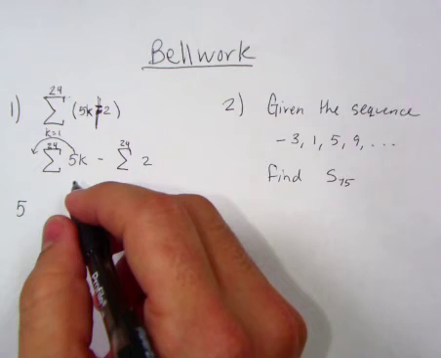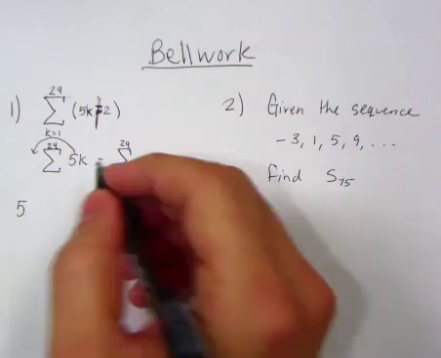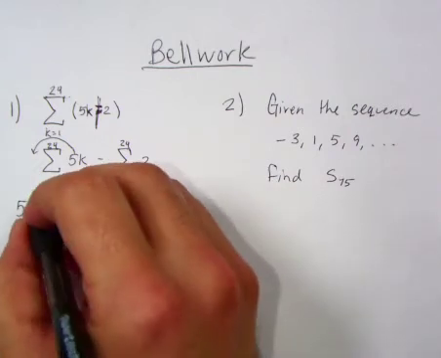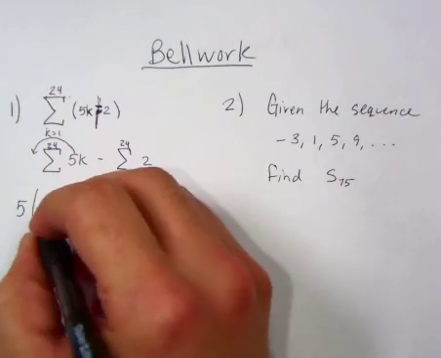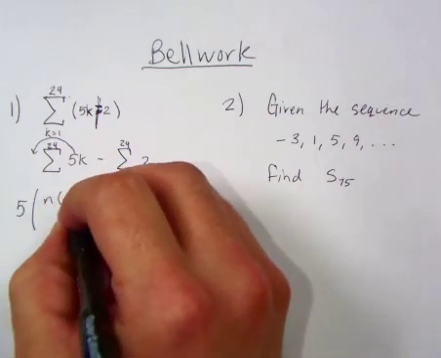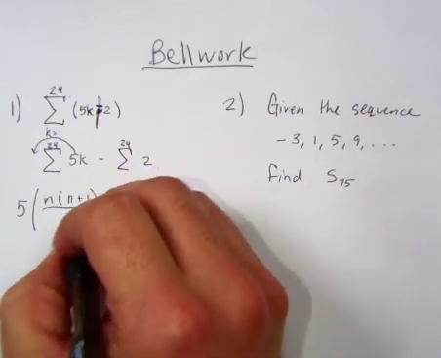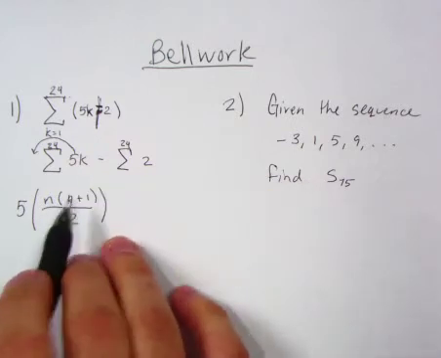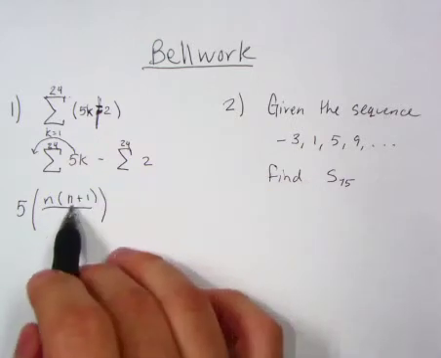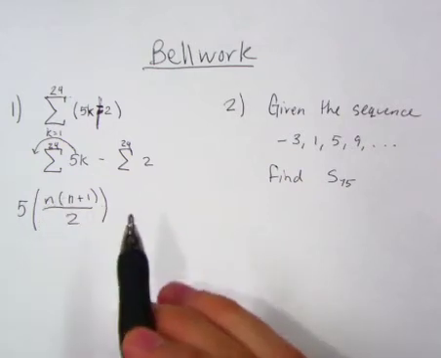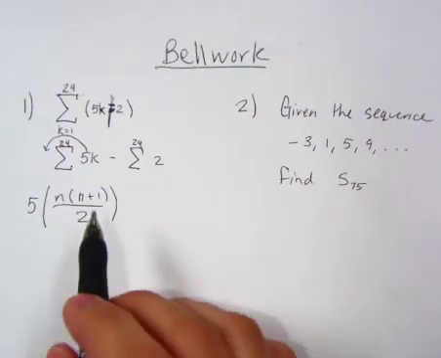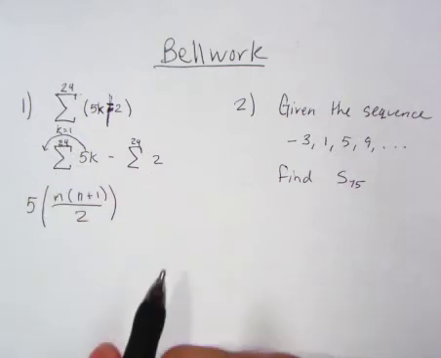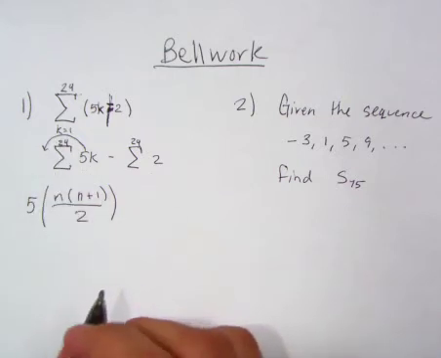The formula for a linear sum is, I'll do parentheses there, n times n plus 1 over 2. And the n is the number of terms that you're going to go to. So since our n is 24, the number on top of the sigma is 24, I'm going to replace n with 24 in there.